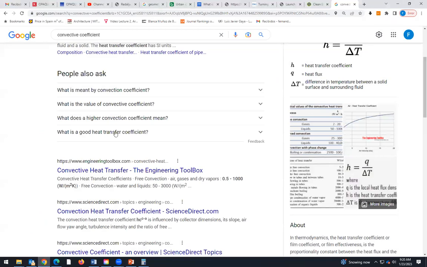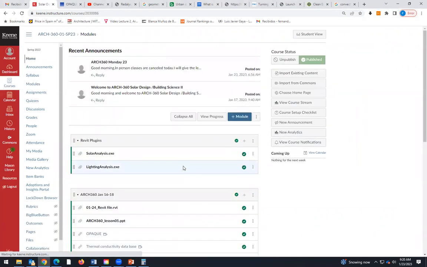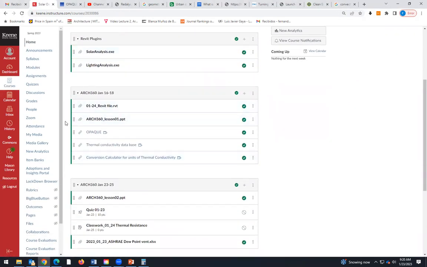Well, there are different options, and I think on Canvas, on this first module, you have different things. You have the thermal conductivity database.